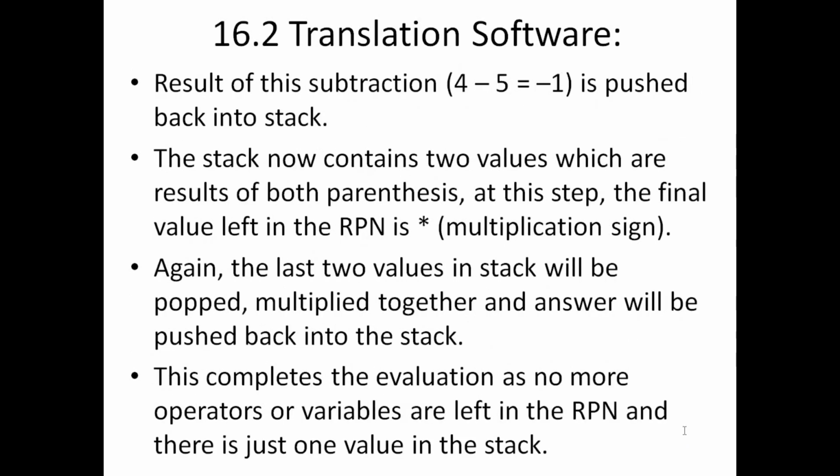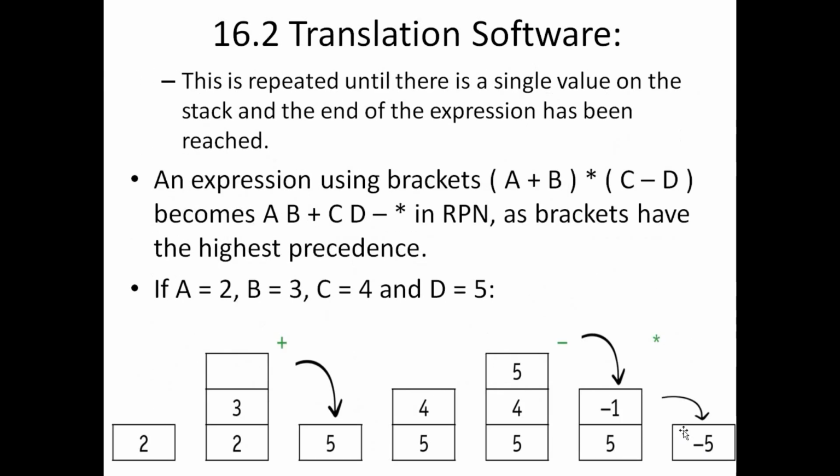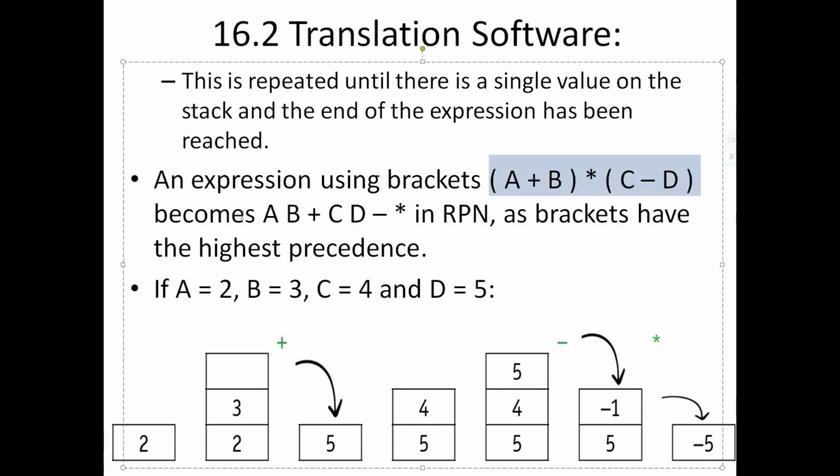And well, here goes this again, some more points explaining how it went. Again, remember, the last two values in the stack will be popped, multiplied together, and the answer will be pushed back. This completes the evaluation, as no more operators or variables are left in the RPN. So basically, in the paper, you'll be given an expression, you'll be given values for it, and then you'll be given a blank stack diagram.